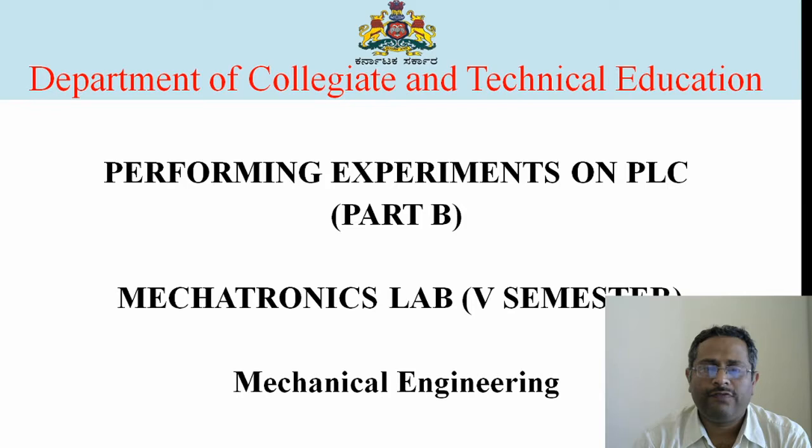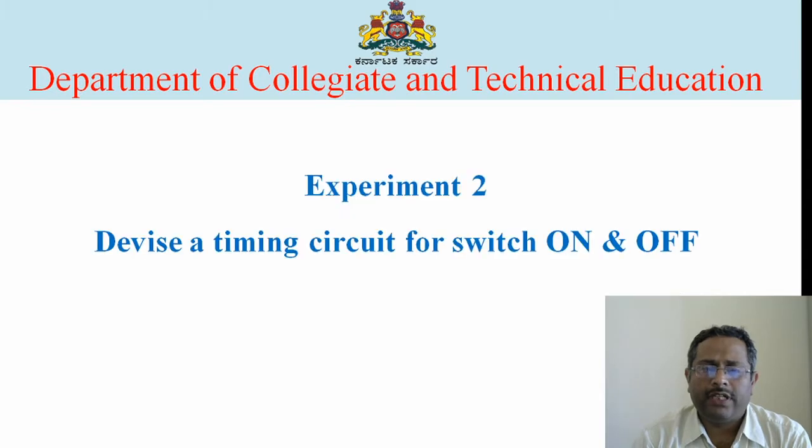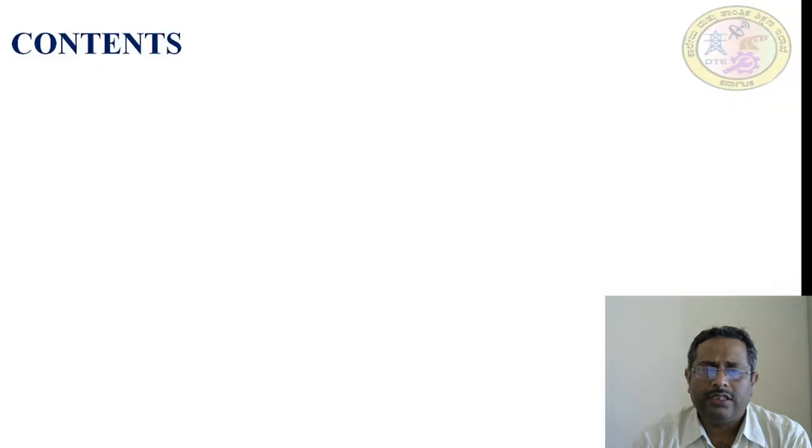Today we'll perform the second experiment in Part B, that is, devise a timing circuit for switching on and switching off an output device using a PLC. This experiment contains the objective, then the theory behind it, that is an introduction about timers, how they work and the different types of timers.